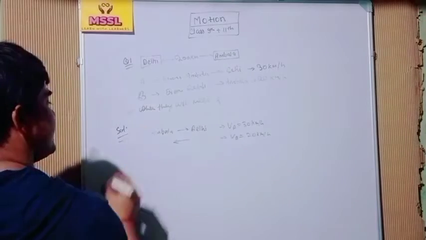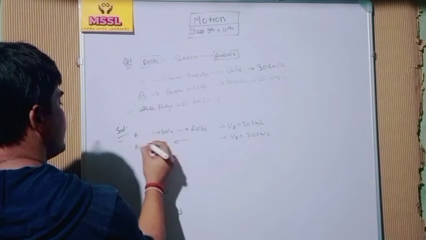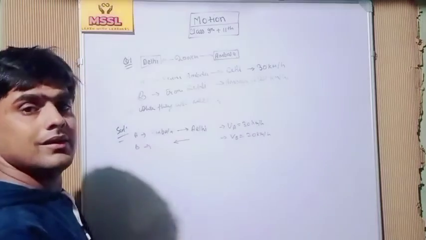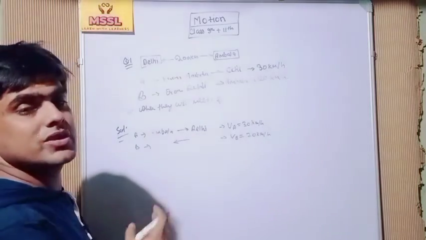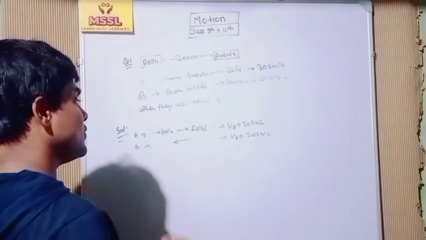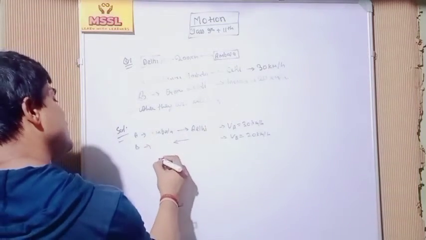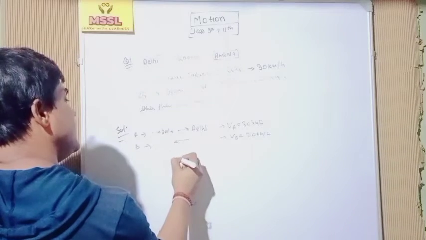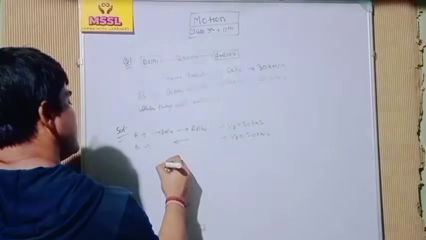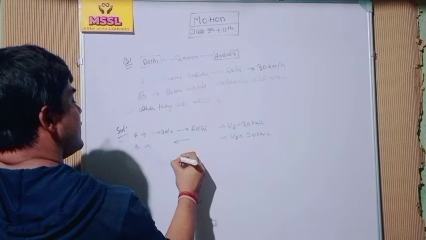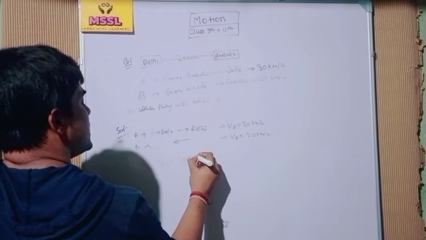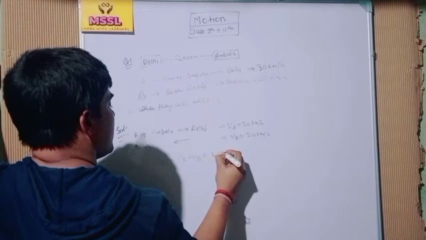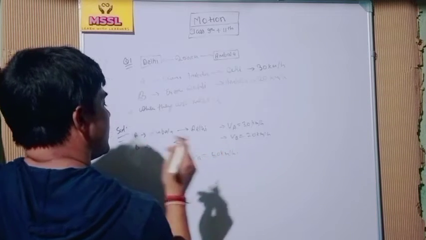So you can see this is A and this is B, moving in opposite directions. So the relative velocity VAB will be VA plus VB, which is 50 kilometers per hour.